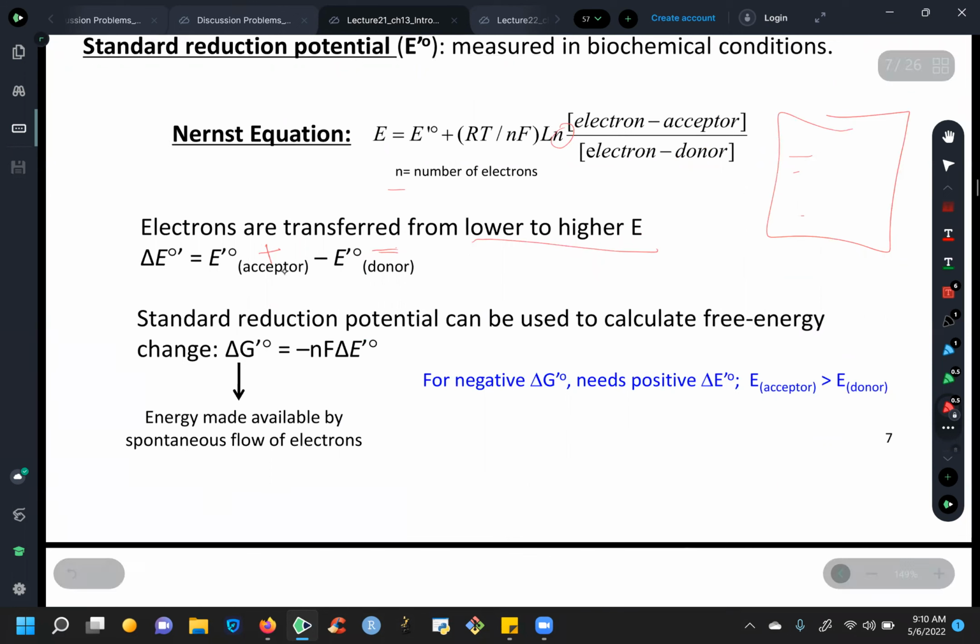Remember, whoever has the highest reduction potential will have the more positive number, and that's who's accepting the electron. The donor is whoever has a lower number, the more negative. That's who's going to be giving away the electron.